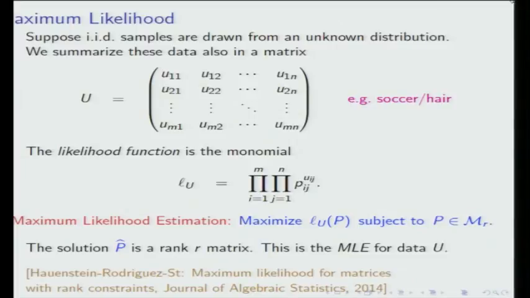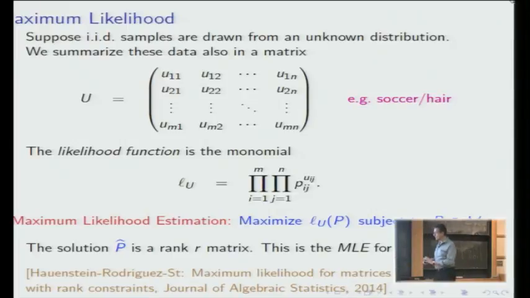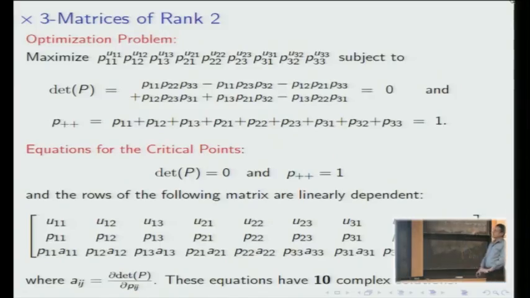So we want to maximize the likelihood function subject to P being of rank r. Now typically there's a unique solution called P hat, and it will be a rank r matrix, and we call that the MLE, or the maximum likelihood estimate for the data. So just to make this very concrete, we have the following optimization problem in the soccer case.